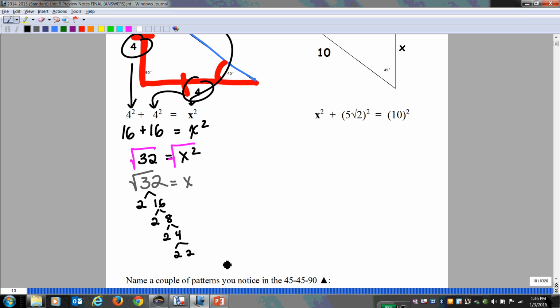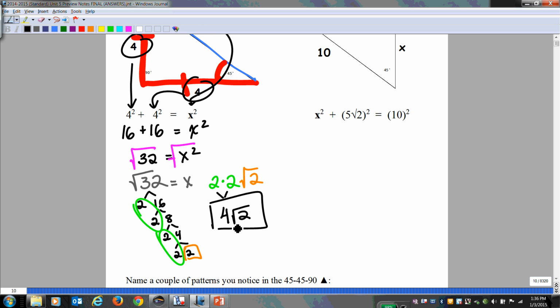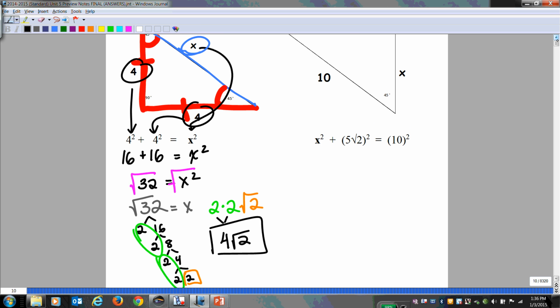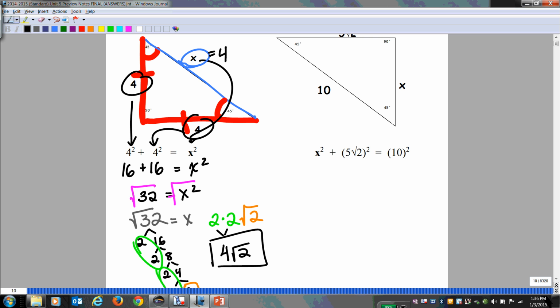We're going to pull out our pairs, and we have 2 pairs of 2's, so that's 2 times 2 on the outside, square root of 2, so bring this together, that's going to be 4 root 2. Watch very carefully, so our hypotenuse here equals 4 square root of 2.